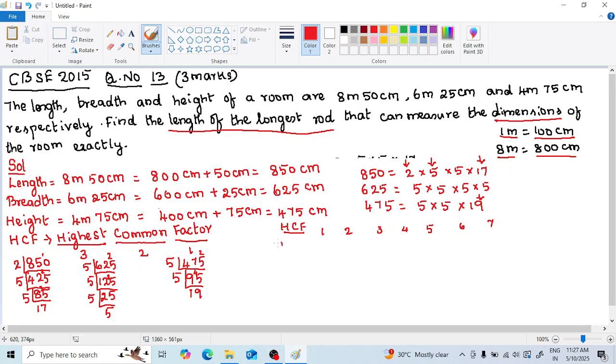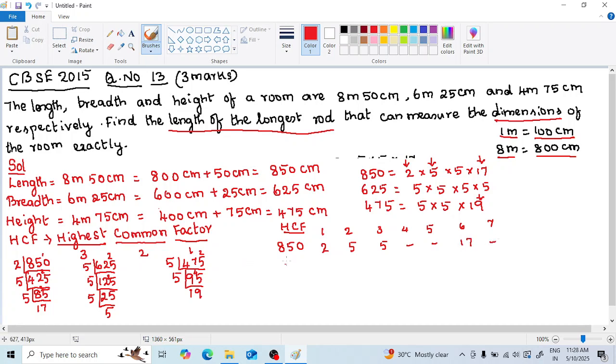So the first case, 850. In 850, 2 occurs one time, 5 occurs 2 times, and 17 occurs one time, the remaining are dashes.